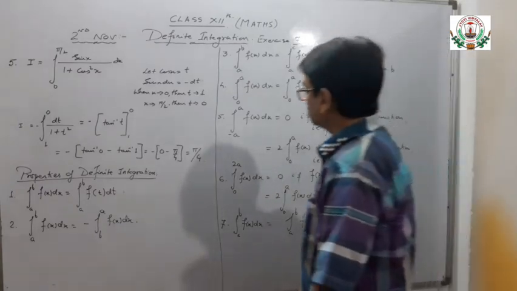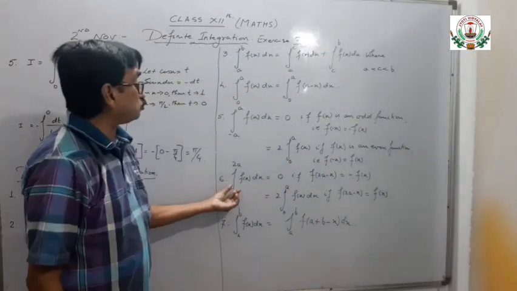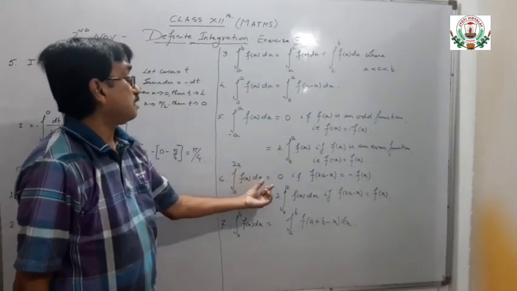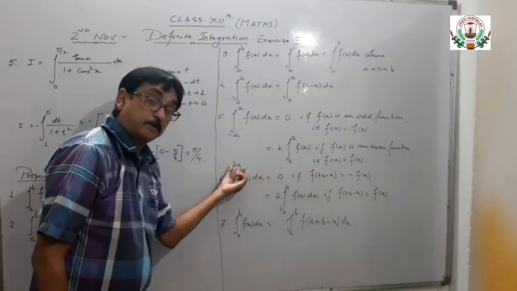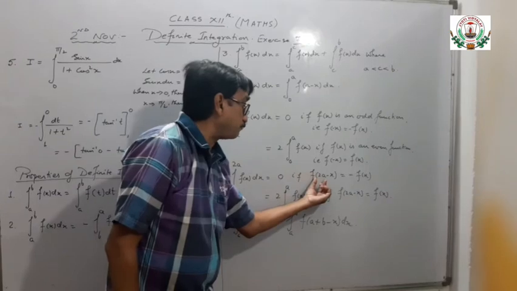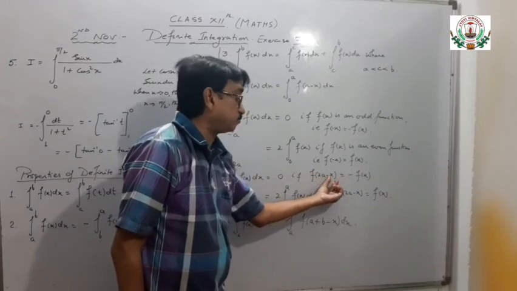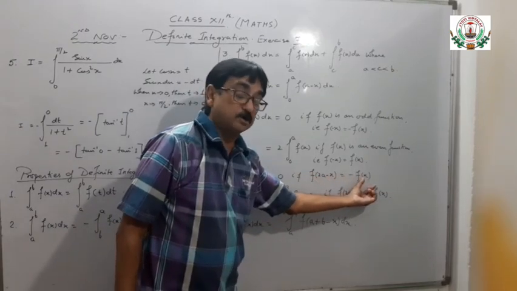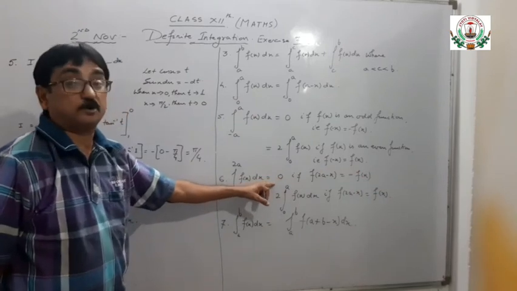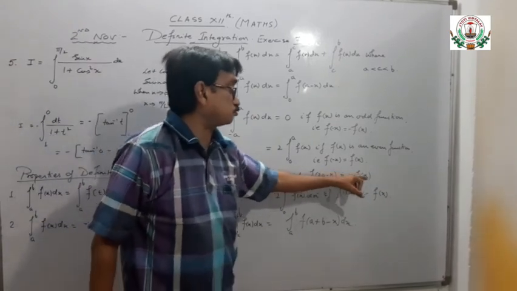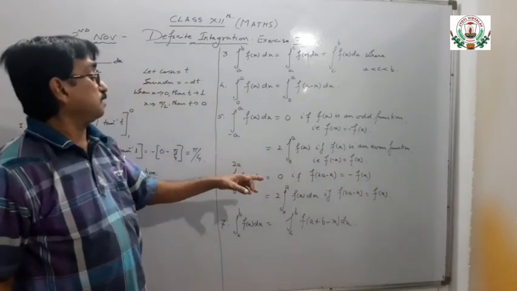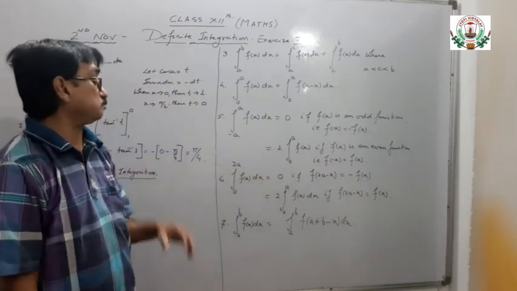Okay. Now the sixth property, integration 0 to 2a f of x dx. Whatever the upper limit is, if we are getting f of upper limit minus x as an odd function, that is f of 2a minus x is equal to minus f of x, then its value will become equal to 0.